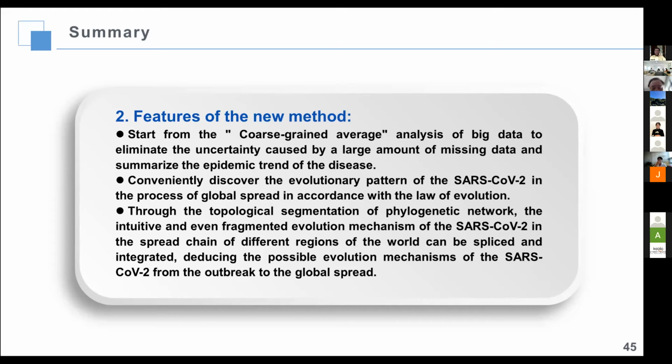Through the topological segmentation of the phylogenetic network, the intuitive, even fragmented evolution mechanisms of SARS-CoV-2 in the spread chain of different regions of the world can be spliced and integrated, deducing the possible evolution mechanisms of SARS-CoV-2 from the outbreak to the global spread.